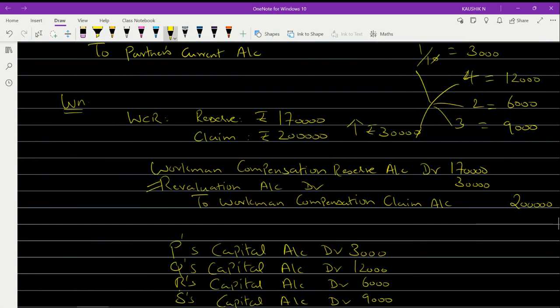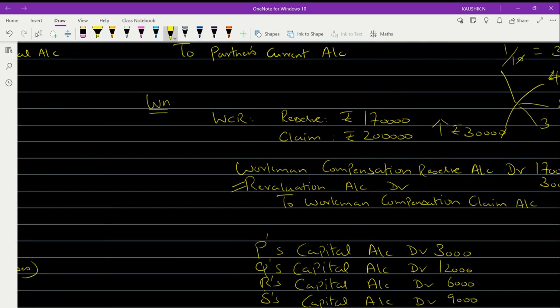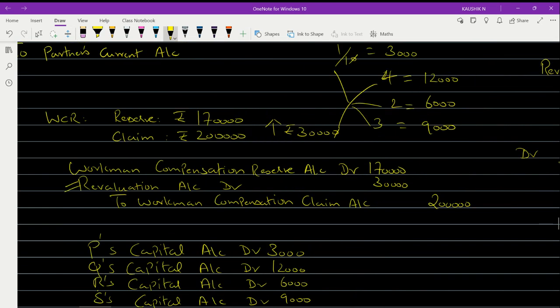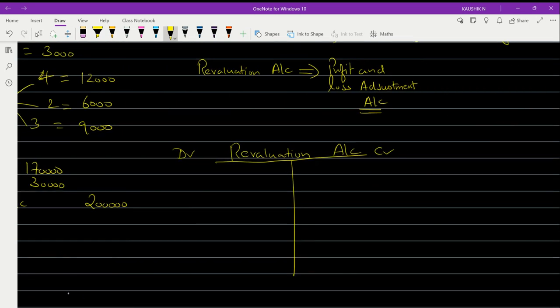In the journal you can see the revaluation account has been debited for workman compensation claim, so first I bring that workman compensation claim here. To workman compensation claim, 30,000.